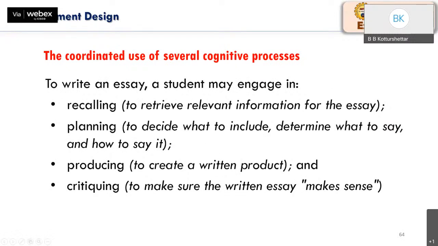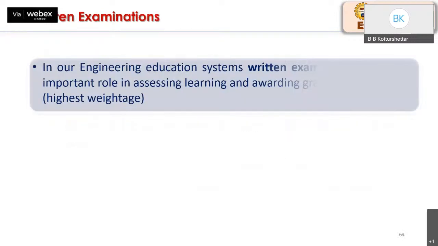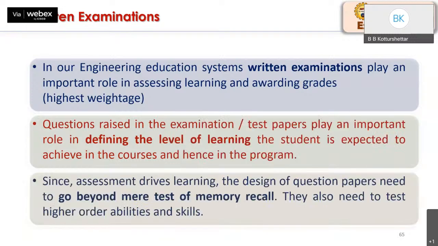Similarly, one more example of writing an essay. So more than one ability that the student uses, but I will finally end up testing him for the highest level. So coming to written examinations, in engineering education system, predominantly we depend on written examinations for student assessment.